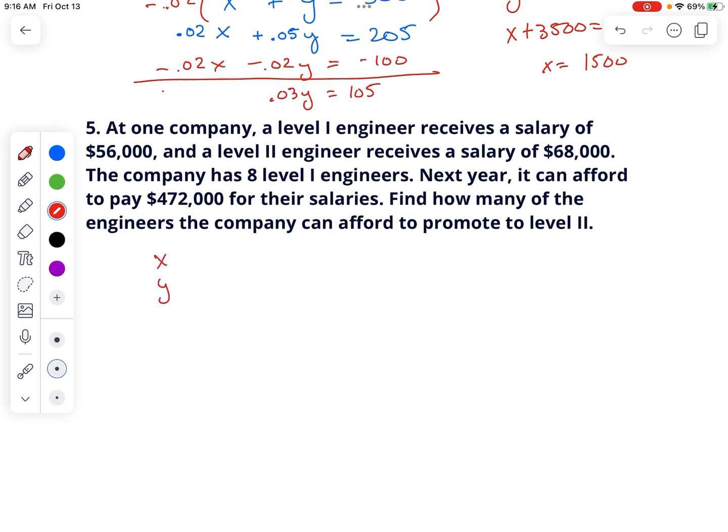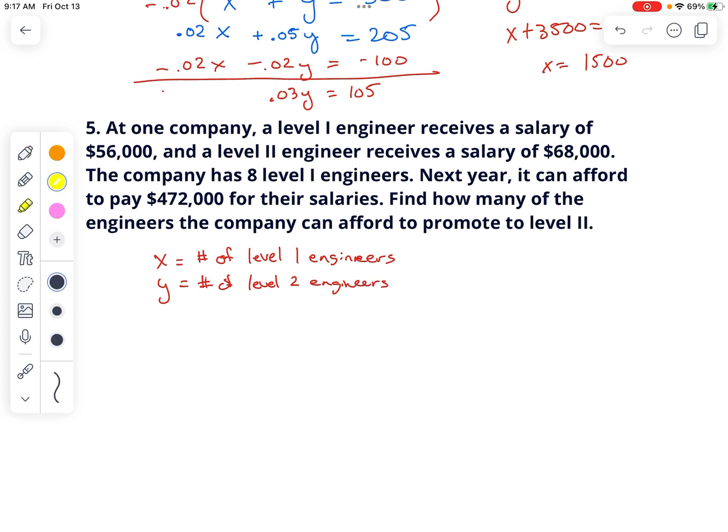Okay, so I have these two things. I'm going to call them x and y. So x is really the number of, we'll say, level 1 engineers. And then y will be the number of level 2 engineers. So we're told a few things in here, okay?